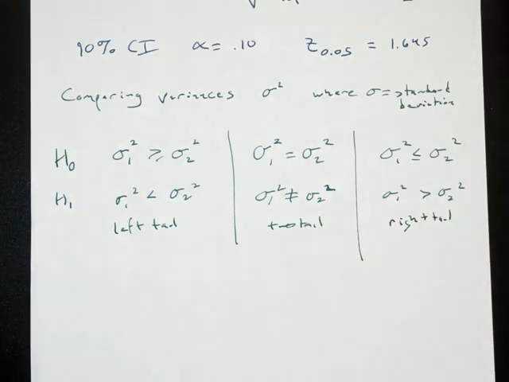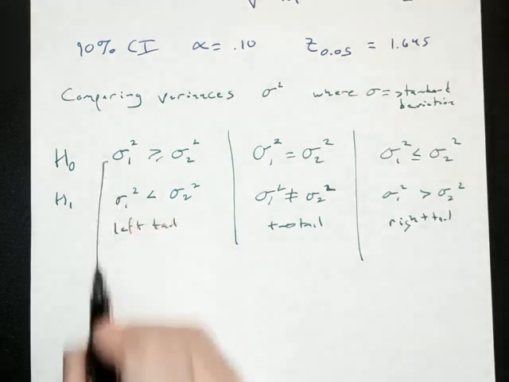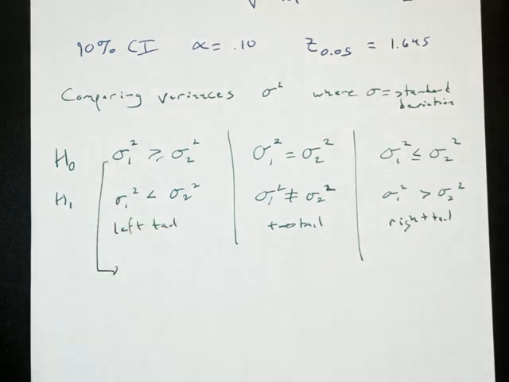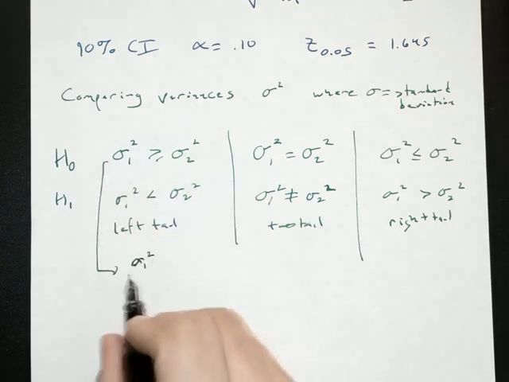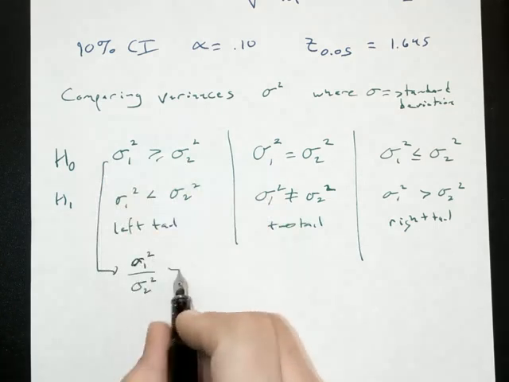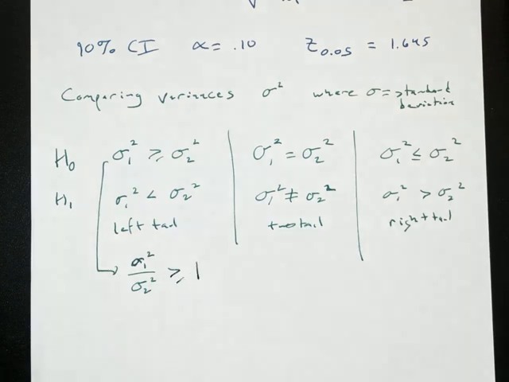Interesting to me is that some textbooks don't actually compare the variances to each other, they compare the ratio of the variances. So take another look at this equation. I could say the same equation, sigma 1 squared over sigma 2 squared, bigger than or equal to 1. That would tell me the top is bigger than the bottom.